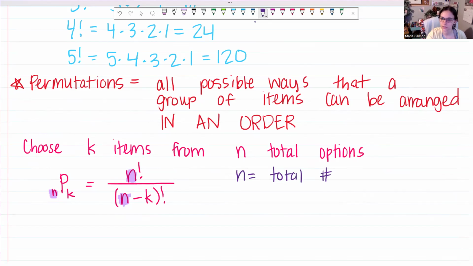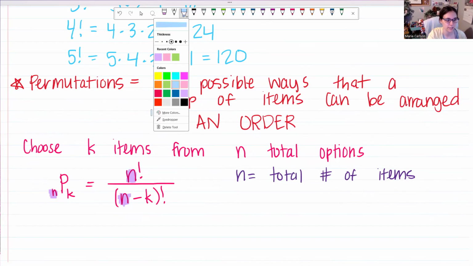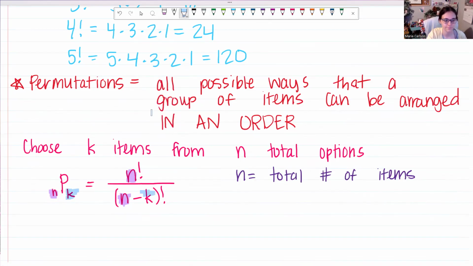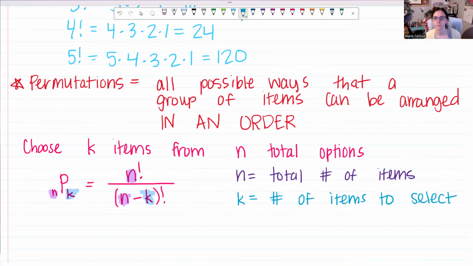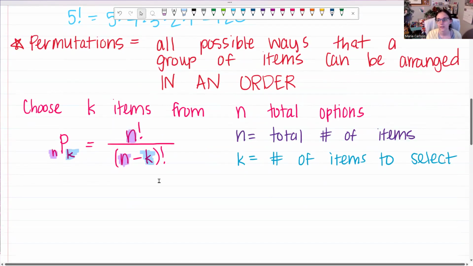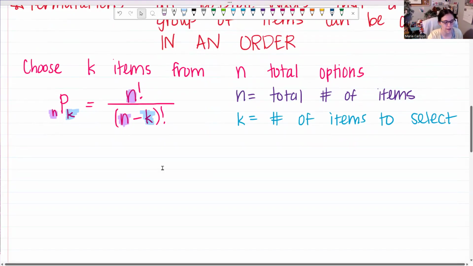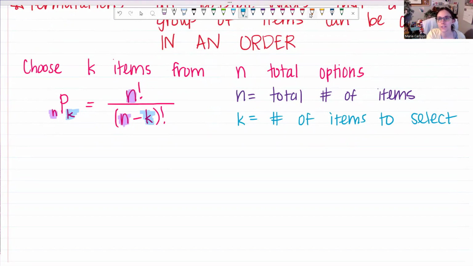And k represents the amount that you are going to select, the number of items to select. Sometimes this is the same number of items that you have to begin with, but sometimes it is a smaller amount.